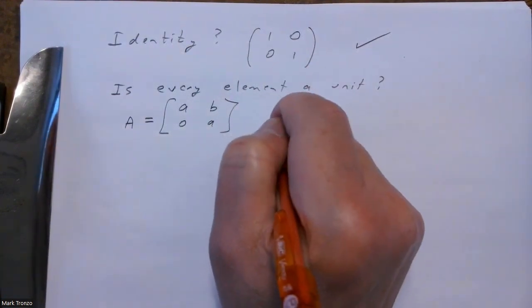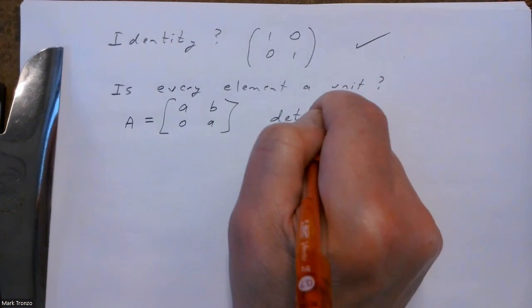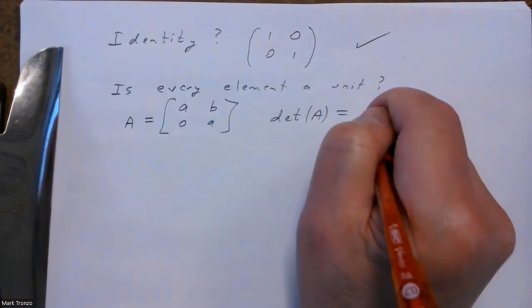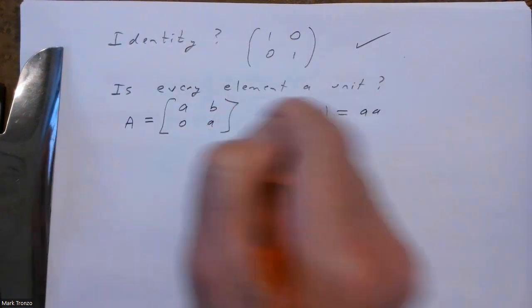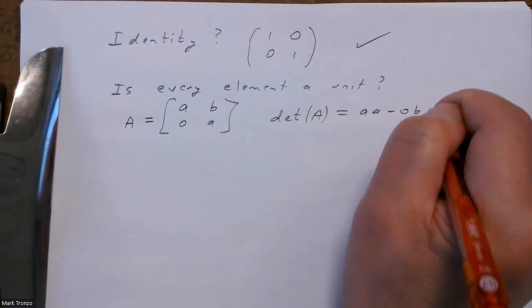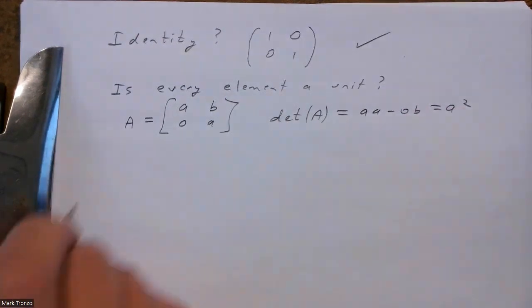Remember the determinant of A is going to be a times a minus 0 times b. In this case, it's going to be a squared.